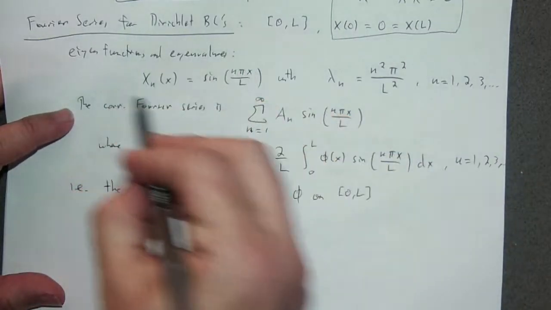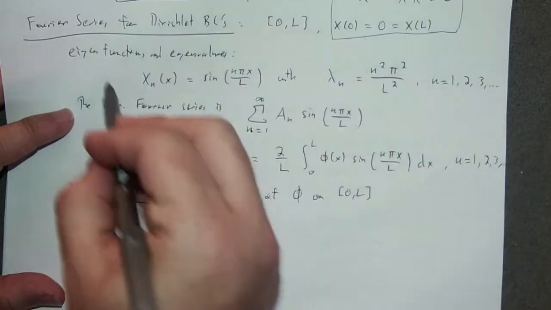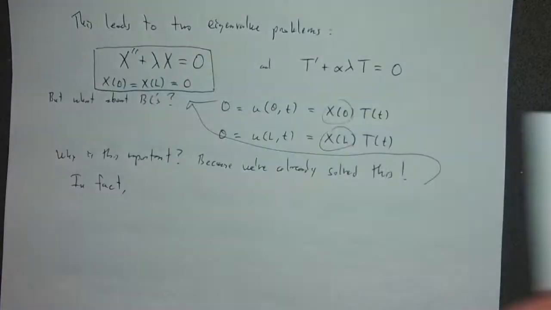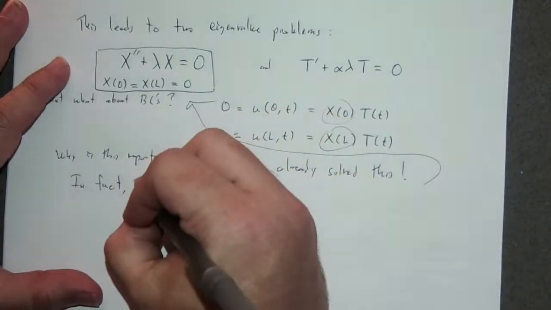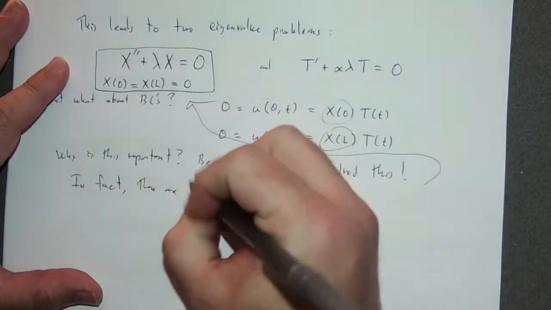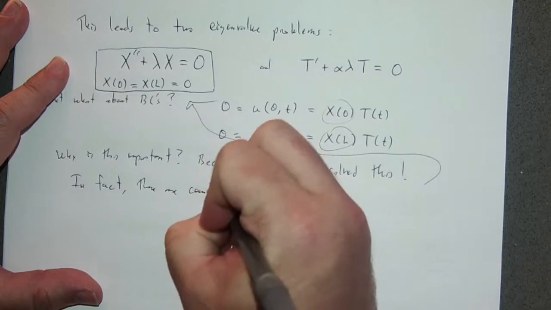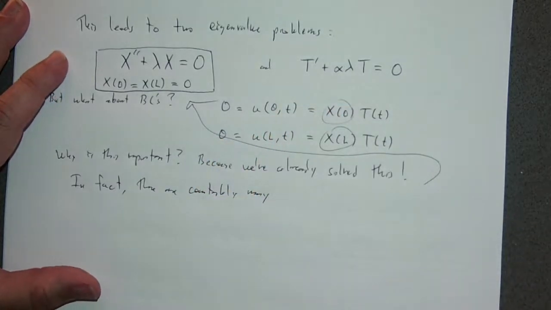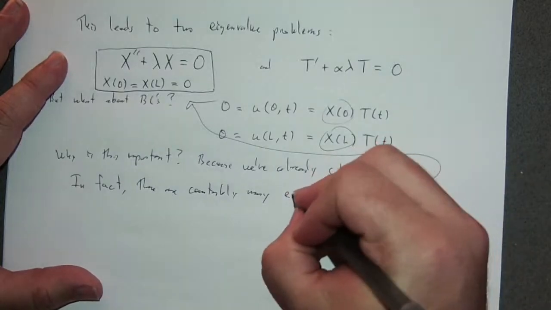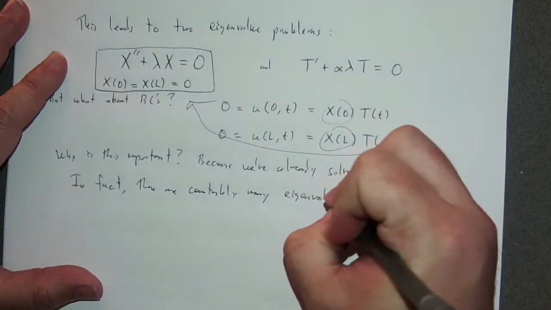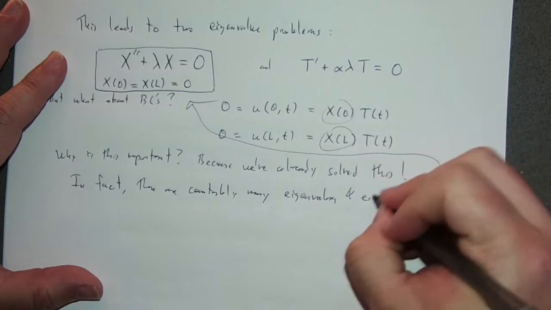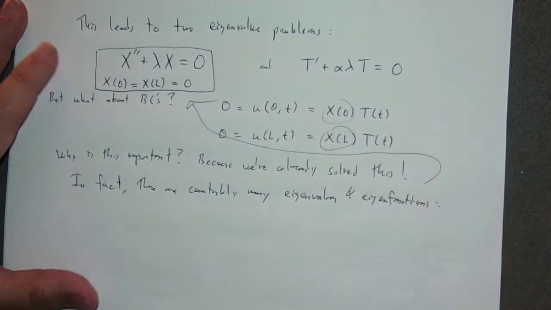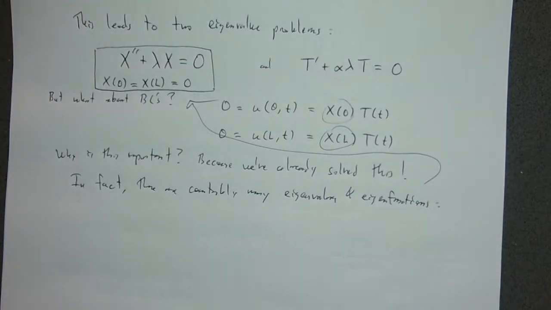Well, there are countably many eigenvalues and eigenfunctions here, given by exactly this list. Let's just write them out.